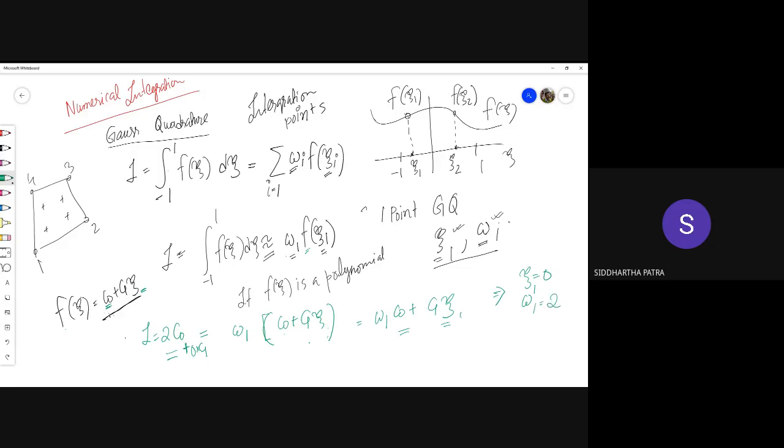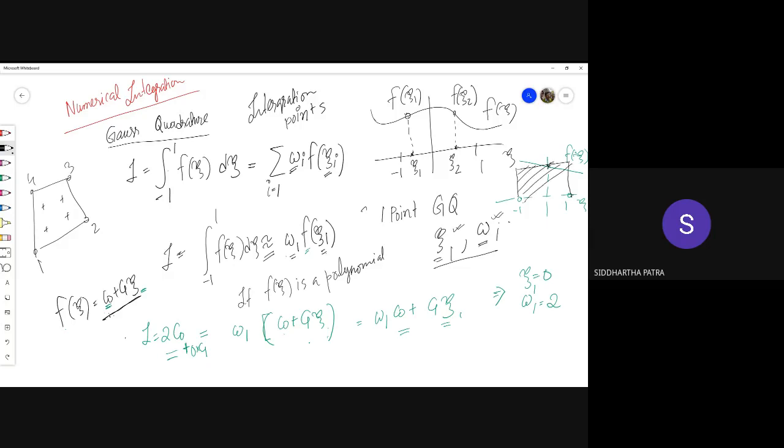Which means, if I have a linear function just like this, if this is f of xi, I'll have to take its value at xi equals 0 and multiply it with 2, which is the distance between -1 and 1.